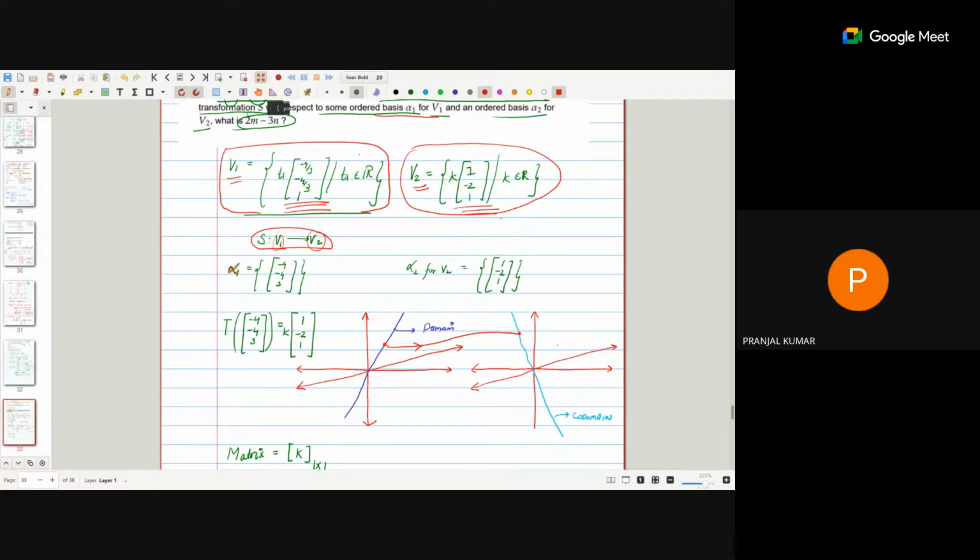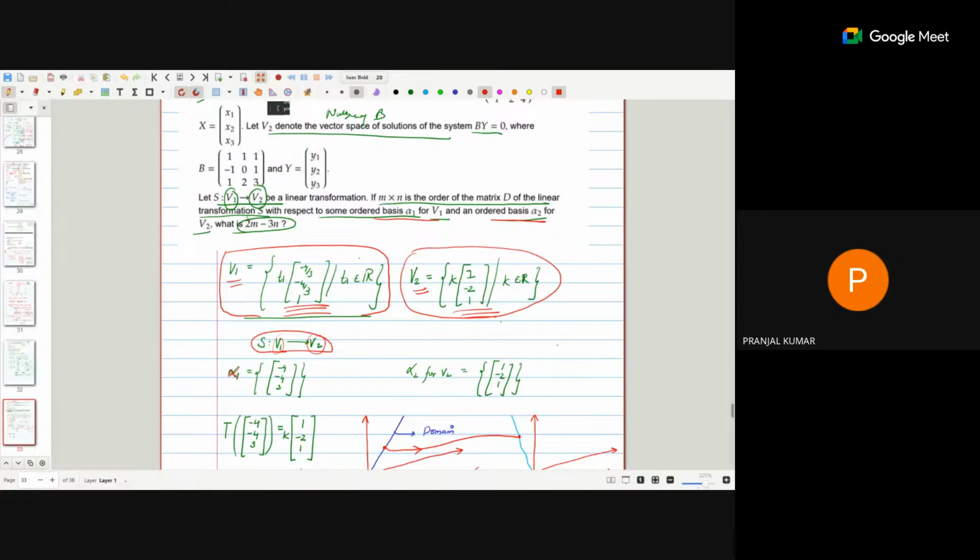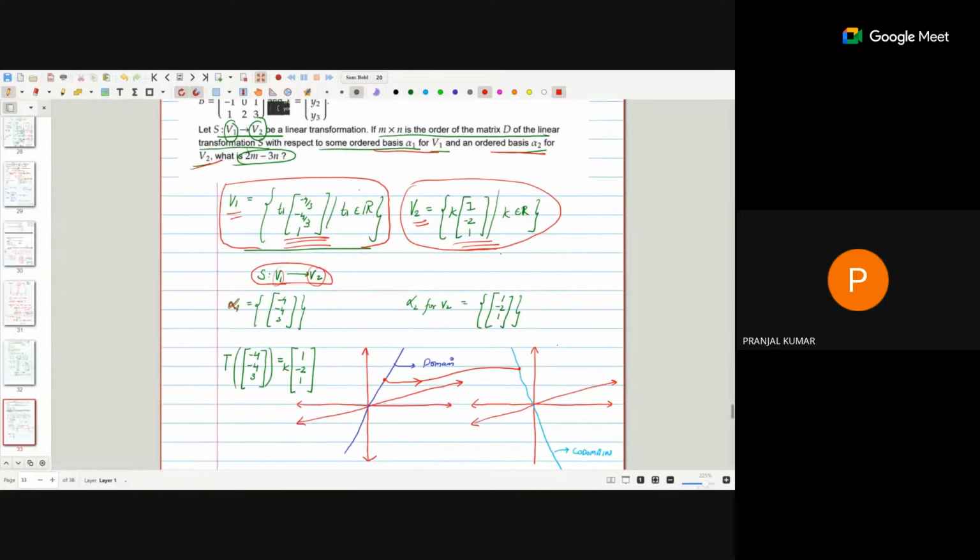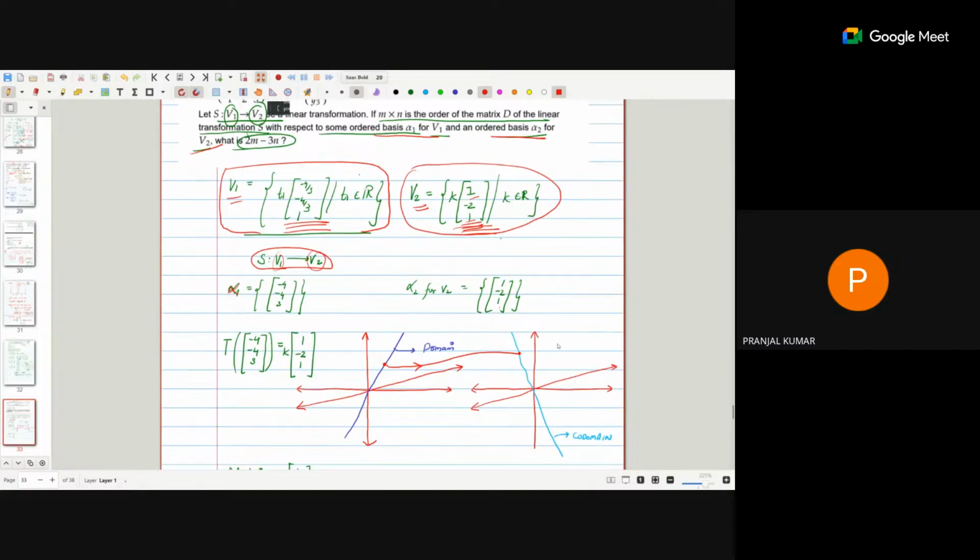Since you know that bases are not unique, I can just scale this. I could have taken (-4/3, -4/3, 1), but for simple calculation, I took it as (-4, -4, 3). Then alpha 2 is an ordered basis for V2. Since there is only one basis vector, it is (1, -2, 1).